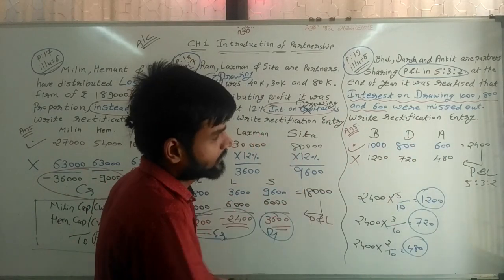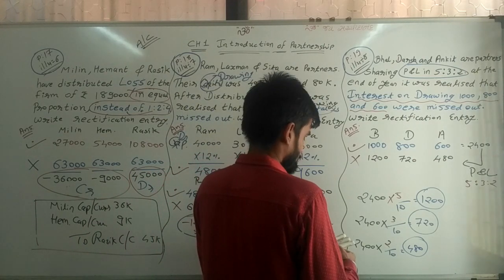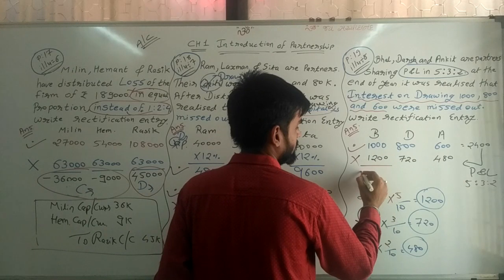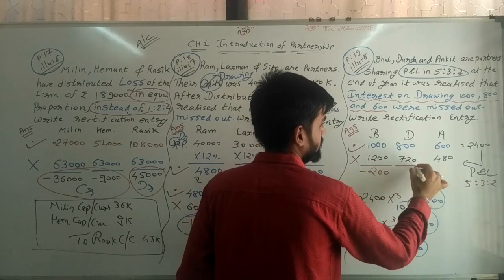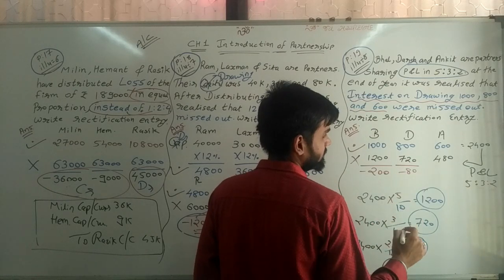Now just find the difference between the two. 1000 minus 1200, minus 200. 800 minus 720, minus 80.